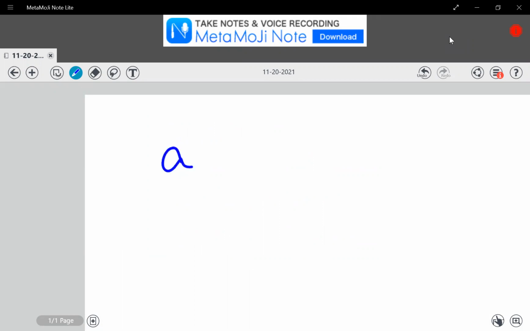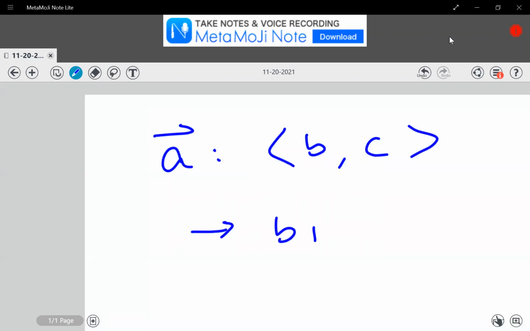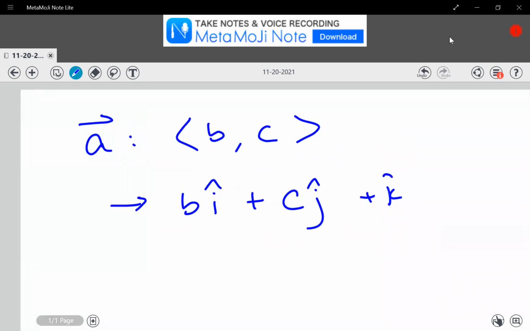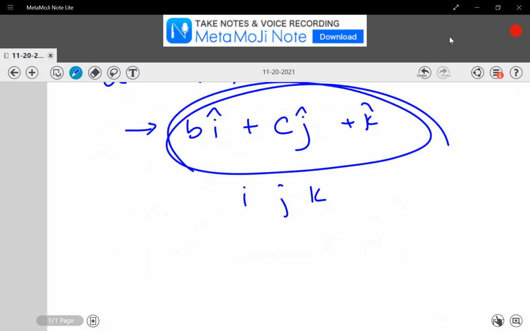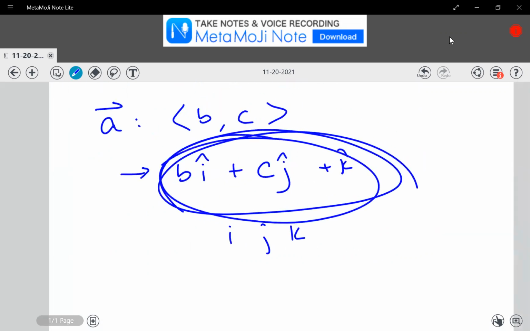So basically, let's say we have a vector A, and it's going to be B comma C. This can be rewritten as B i hat plus C j hat. And if you add a third value, it's going to be k. If you remember from when we were doing matrices earlier, we had those i, j's, and k's, that's where they come from. Because vectors can be expressed in this format.